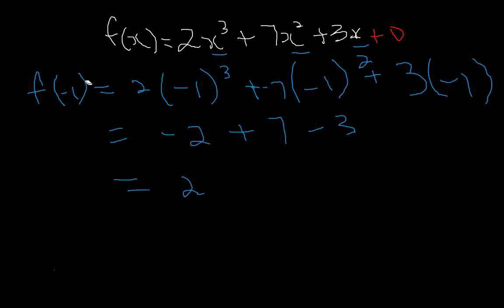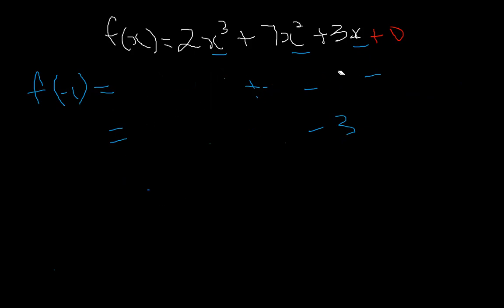If this is not a factor, I move on to the next number. What's another factor of 0? Well, I can try plus 2. Let's see if plus 2 would work. I know this is long, but this is what you have to do. You have to go through all the factors to see which one works. I obviously know that 2 would not work, right?